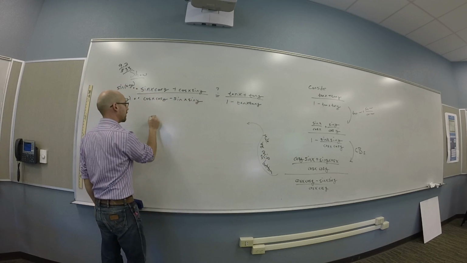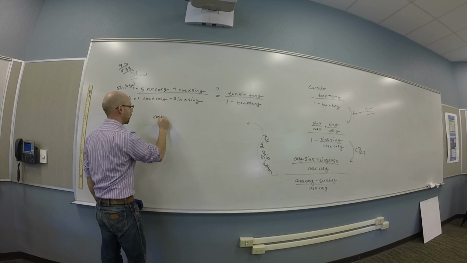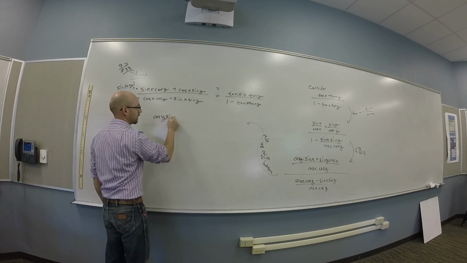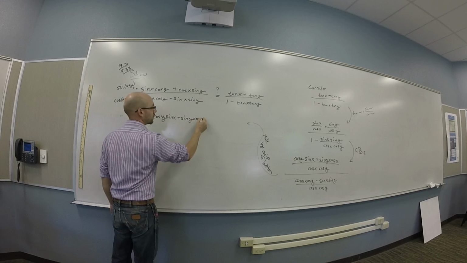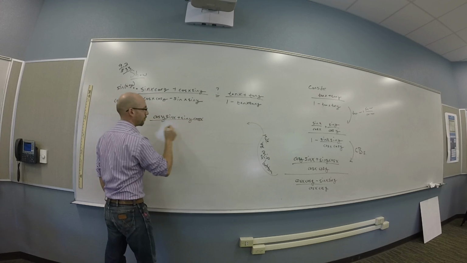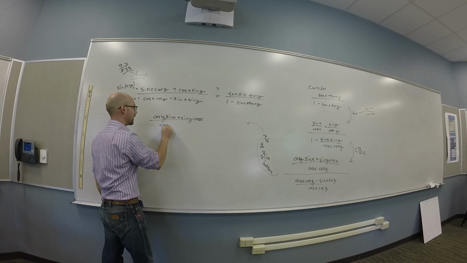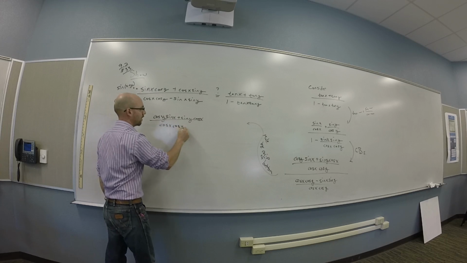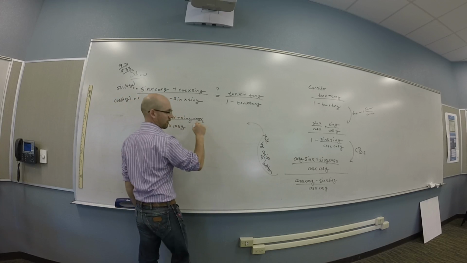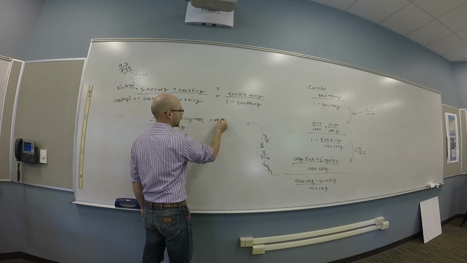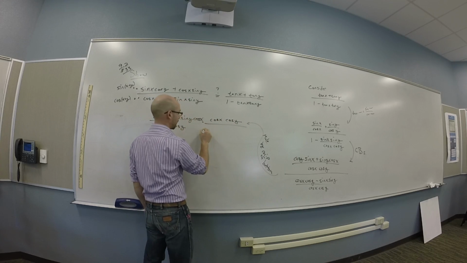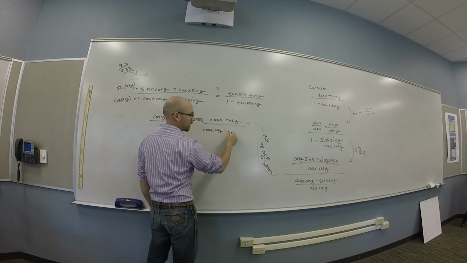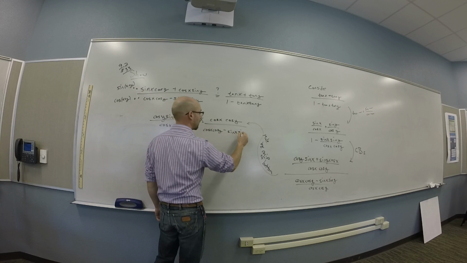So I got cosine y sine x plus sine y cosine x, oh crap, I'm running out of room, over cosine x cosine y, times cosine x cosine y over cosine x cosine y minus sine x sine y.